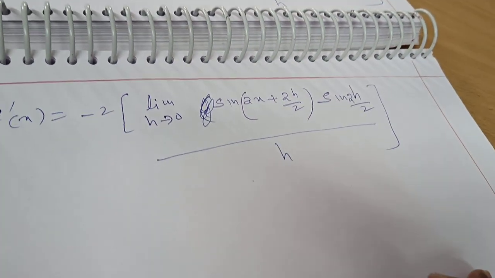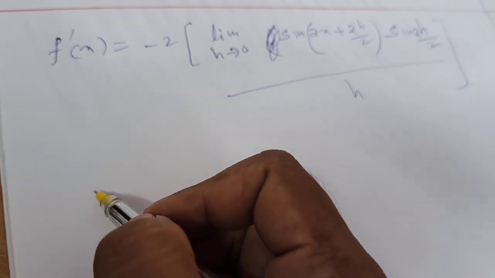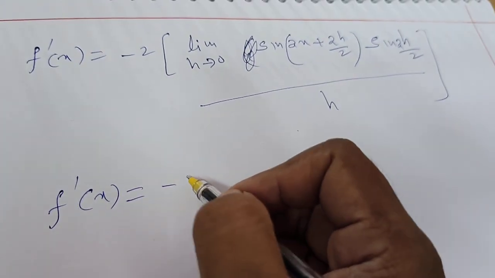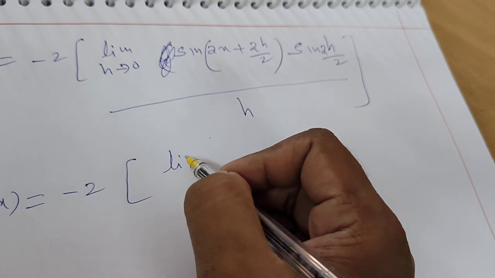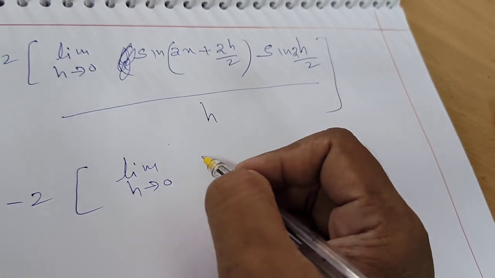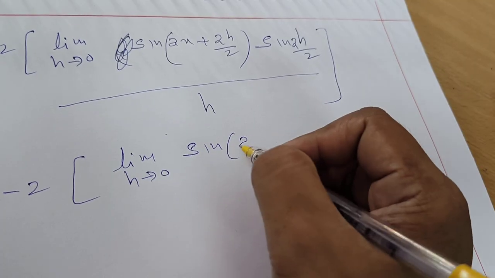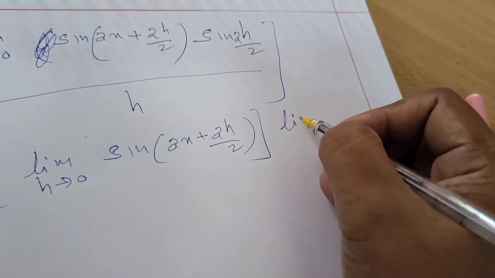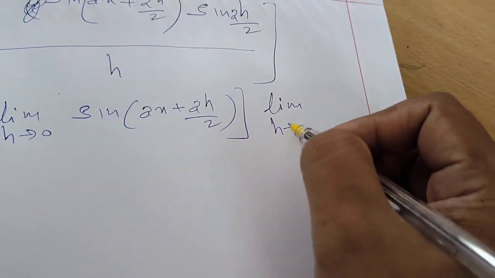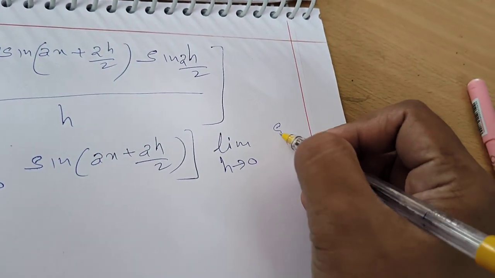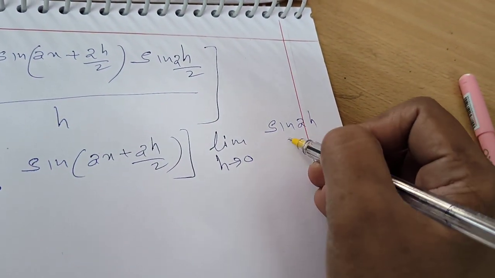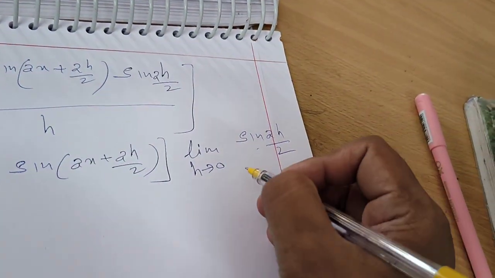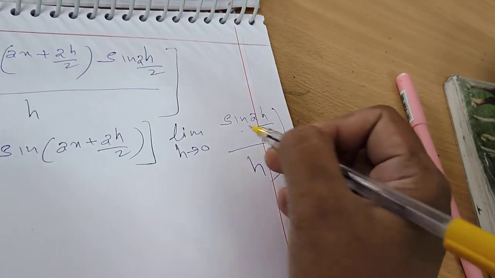Now we will separately apply limits for both the terms. Here we will write minus 2. This is limit h tends to 0 of sin(ax plus ah by 2) into limit h tends to 0 of sin(ah by 2), whole divided by h.